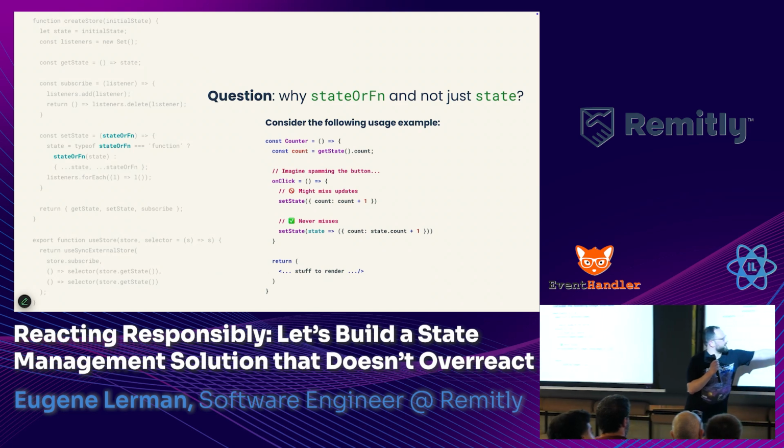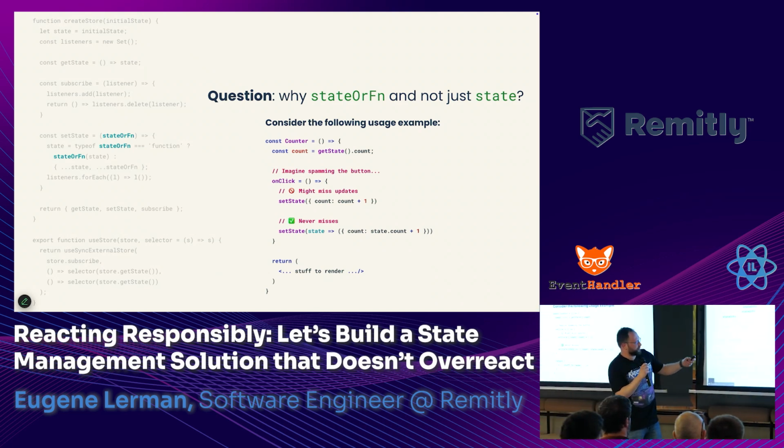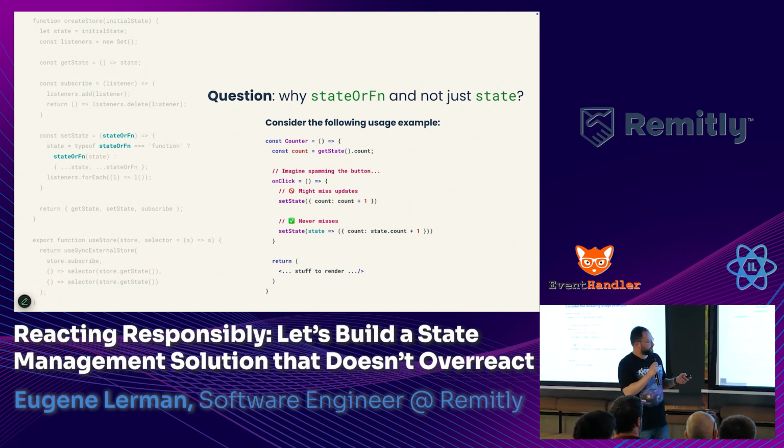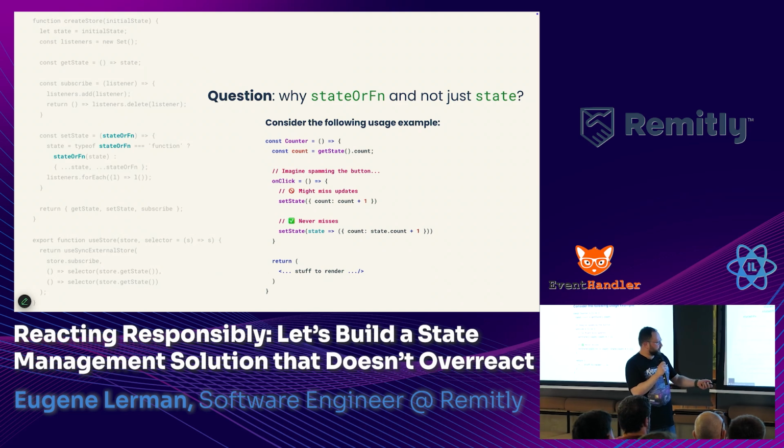Now, I want to say that it's either this or that, right? It's not both of them, but I'm just trying to give an example, and we're returning some stuff. It doesn't really matter what we're returning. Let's focus on the count and let's focus on the click. Now, what would happen if I click really fast, like 5 times, and I'm super fast? What can possibly happen?